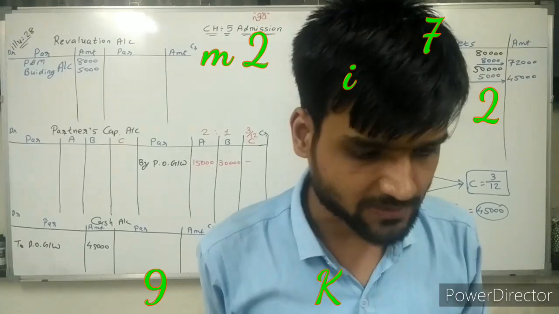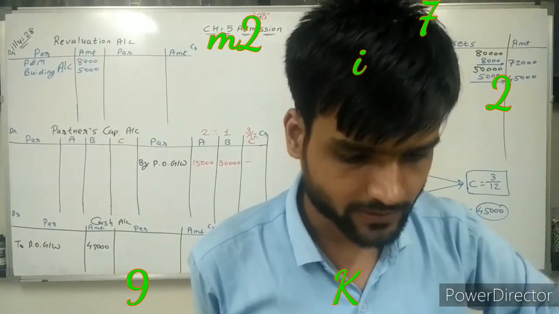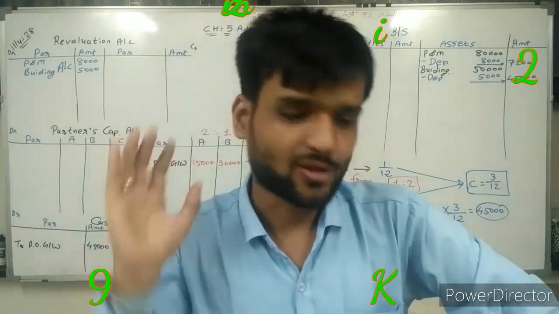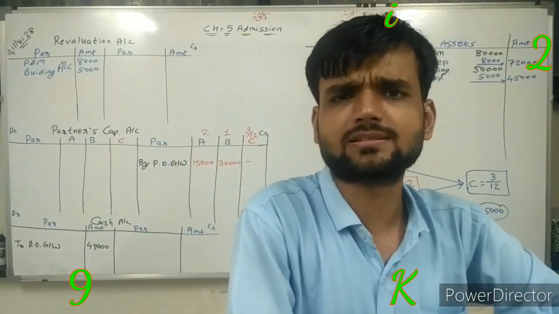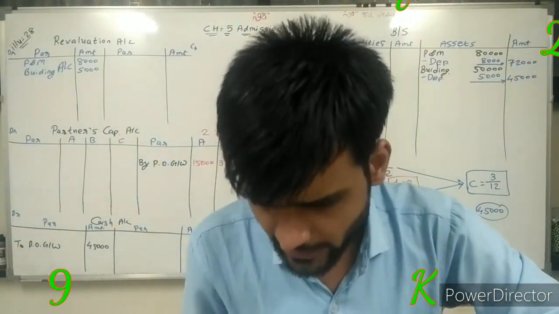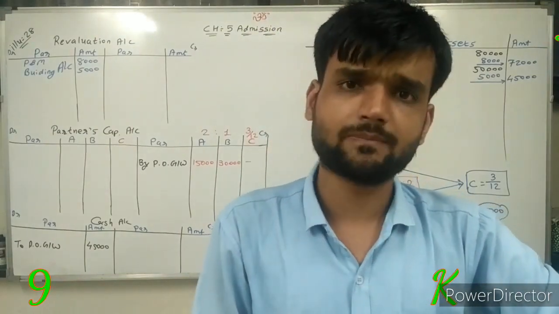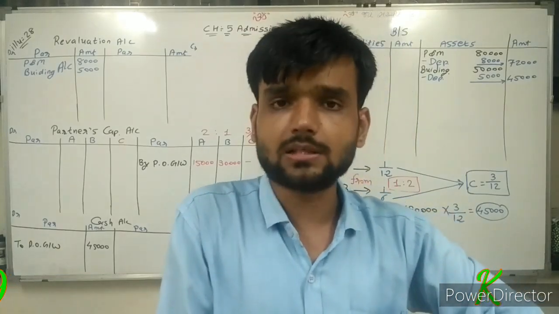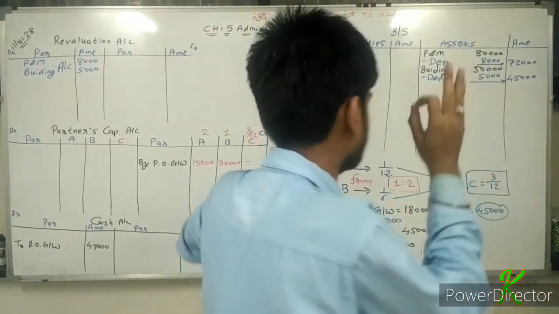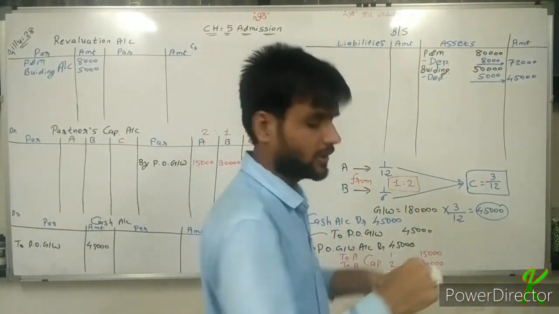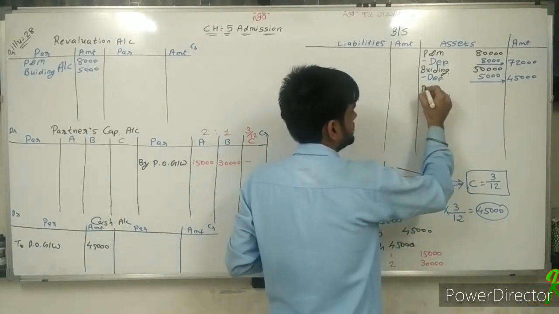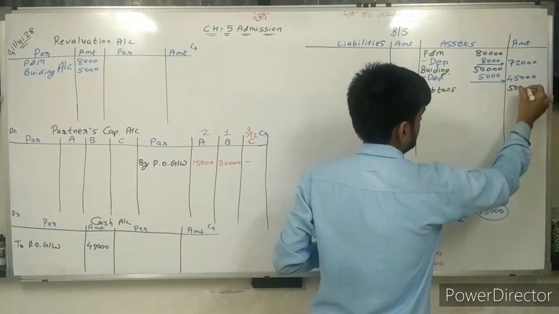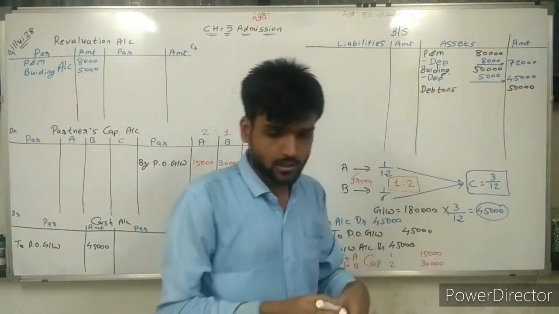Now, in the fifth number adjustment, all debtors are solvent. It means bad debt reserve is not required. All debtors are good debtors. Now, here debtors minus bad debt reserve is given. But all debtors are solvent. It means all the debtors we have to write as they are. Here debtors are given 50,000. So, write down debtors. All are good debtors.